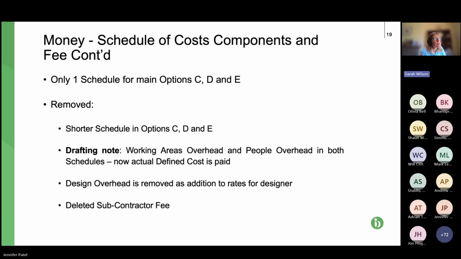Under NEC 3, quite a substantial amount of the costs claimable under charges were dealt with as a percentage of the people costs, so the cost of people. That's now been changed. Now, I think that's a retrograde step because I like percentages, particularly for small value items, as here in the charges, whereas now you've got to quantify things.